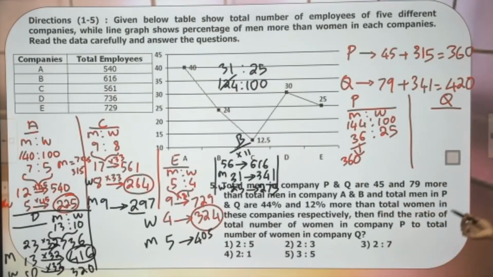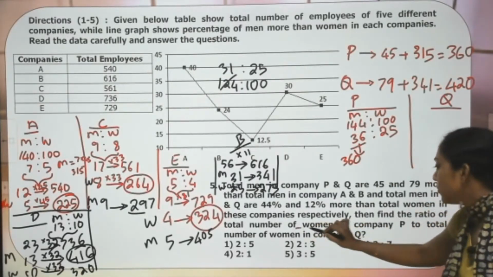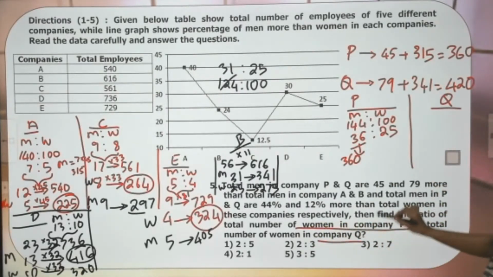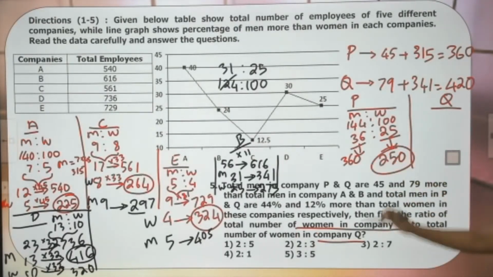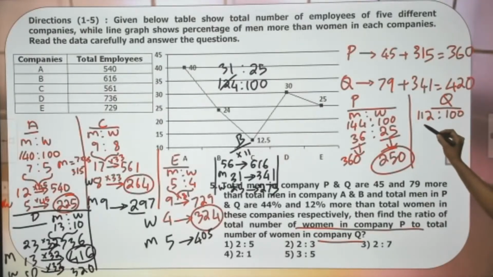Then what is the number of female? What is the question? Find the ratio of total number of women in company P to company Q. So the women will be 250. So from P the value is 250 is to. From Q, what is the ratio? 12% more. So 112 is to 100. On simplifying with 4, this will be 28 is to 25. And this 28 is given as 420.